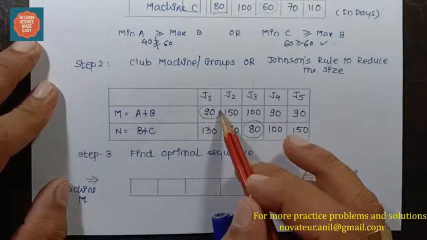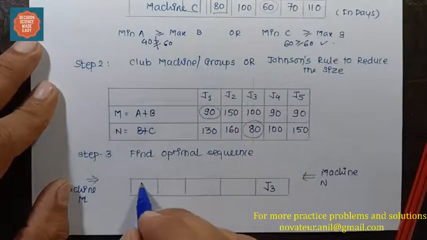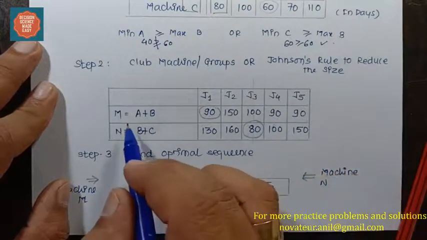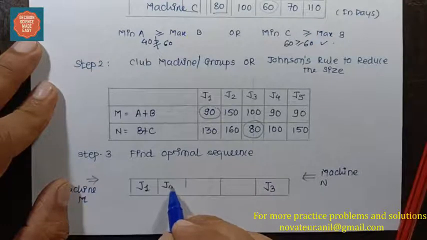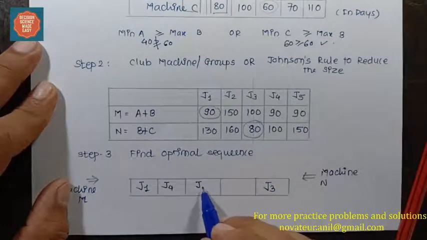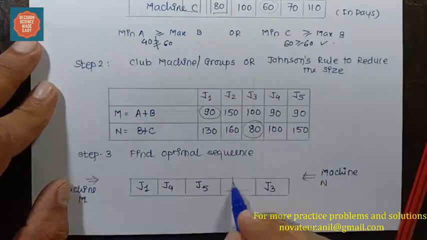I first allot J1, which belongs to machine M, so I write J1 here. Similarly, J4 belongs to M, and J5 belongs to M again. What is left is J2, so I write J2 here.